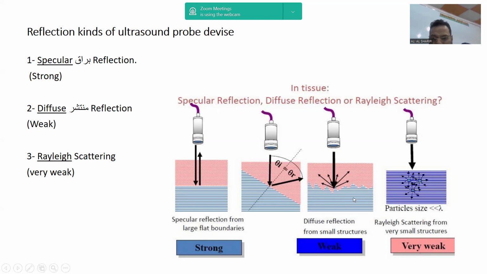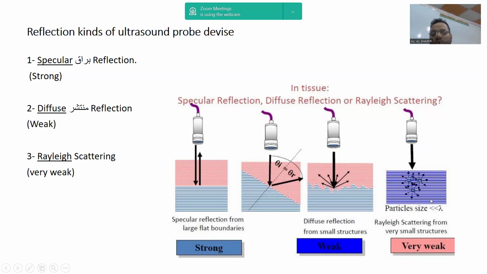And we have another situation when we're dealing with small structures that are not flat. We have some angles, some boundaries, some up and down points. It's the weak reflection when we're dealing with shapes like that.